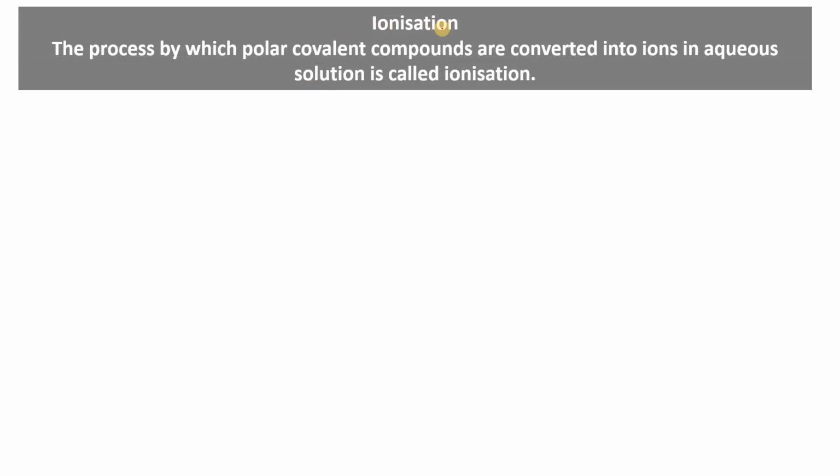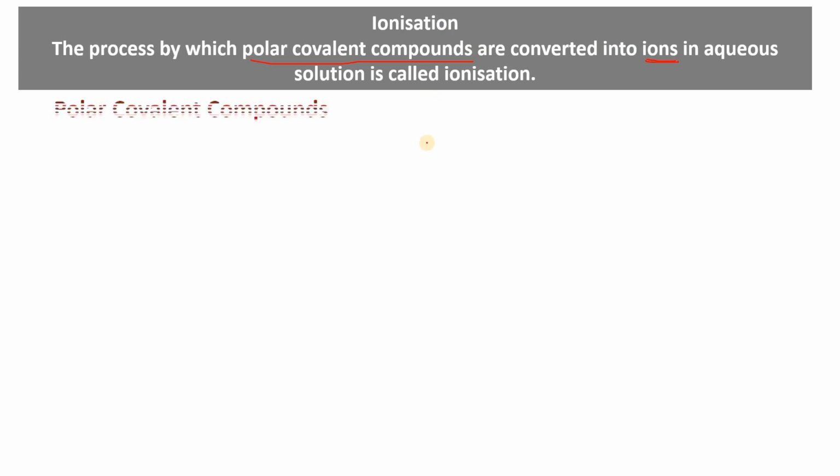Now let's try to understand what we mean by ionization. Let's see its definition. The process by which polar covalent compounds are converted into ions in aqueous solution is called ionization. So we are talking about polar covalent compounds which are converted into ions. That process is called ionization.